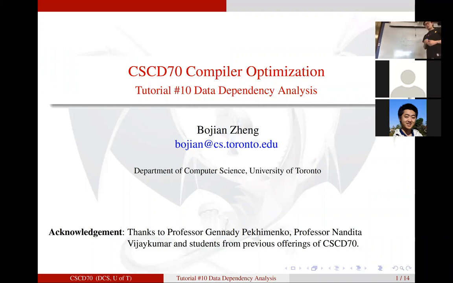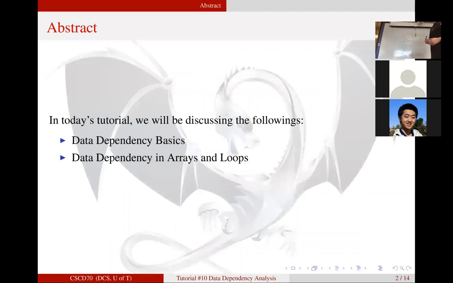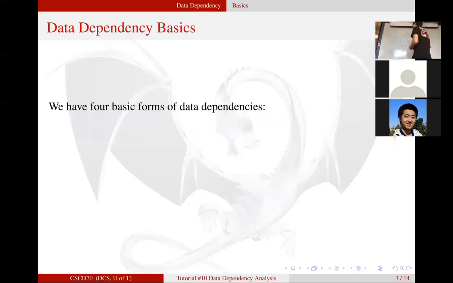So our agenda for today's tutorial is as follows. First we'll be covering 4 basic types of data dependencies. After that, we'll be discussing the data dependencies in the context of arrays and loops. So what are the 4 forms of data dependencies that we have?